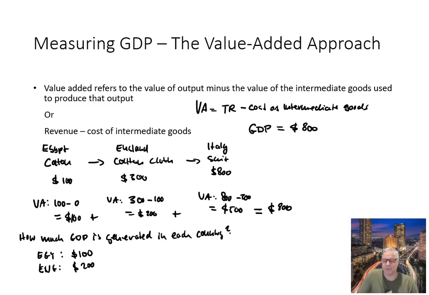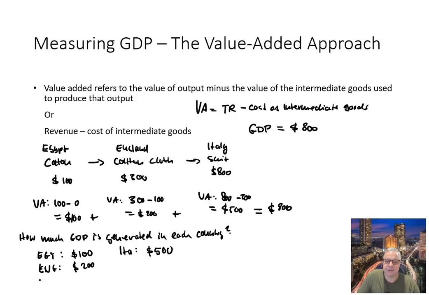So for world GDP, if you just think of world GDP, world GDP is now 800, and that's equal to all the value added. But in Italy, GDP is only 500, equal to the value added.